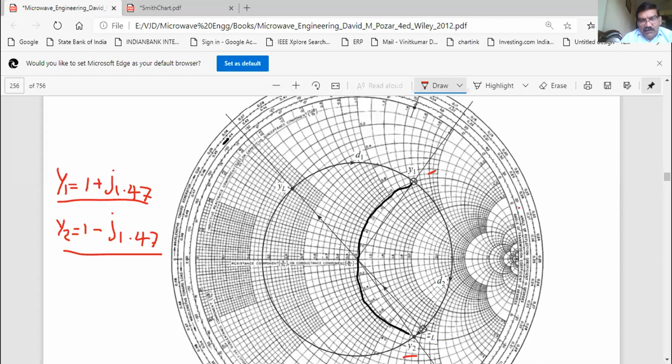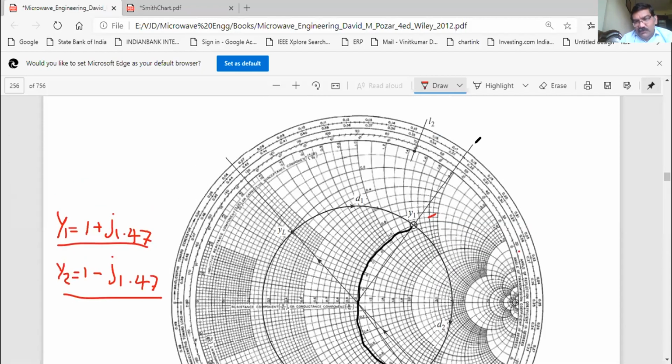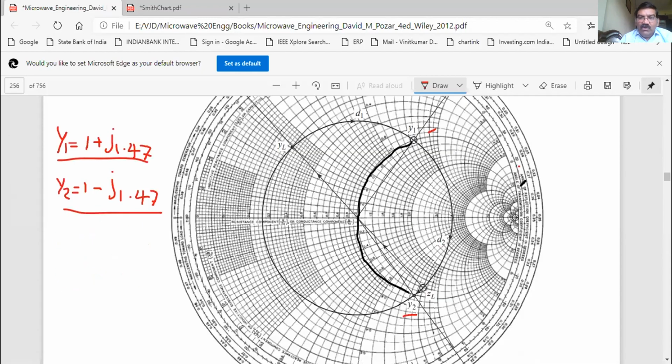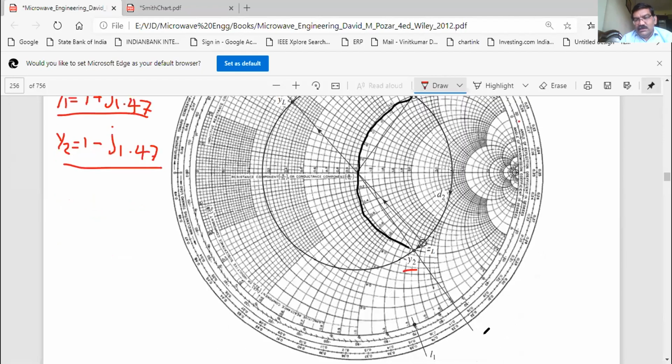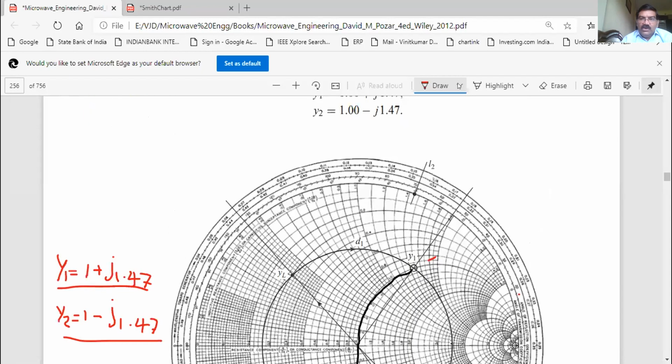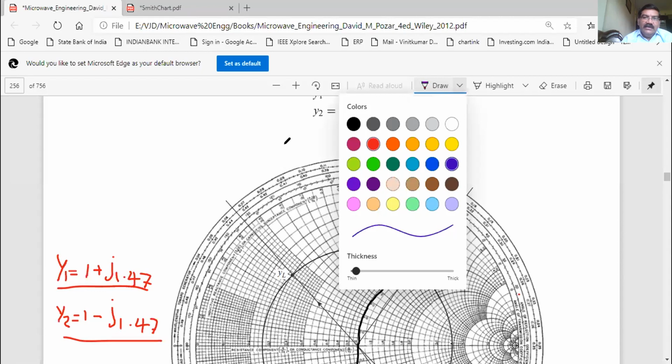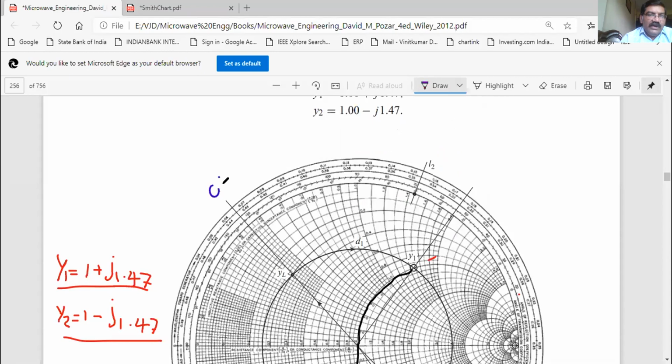You just put here the value for this Y1 and the value for this Y2. That you have to read and write here. So for the YL I got some value. You just verify whether you got this value or not.